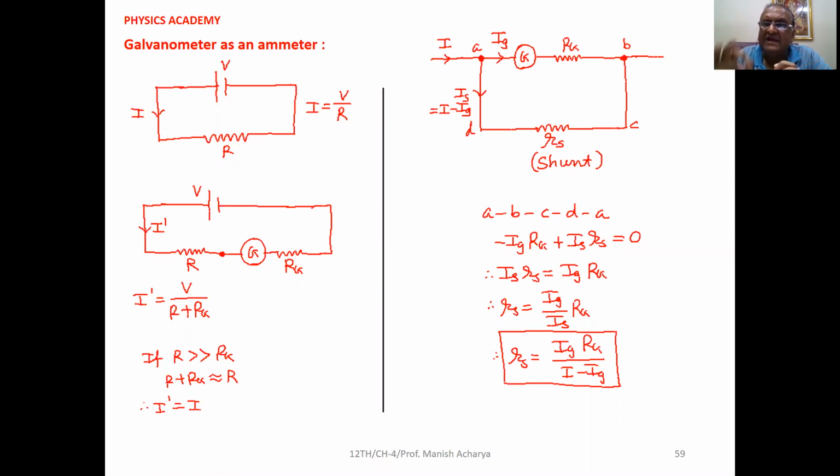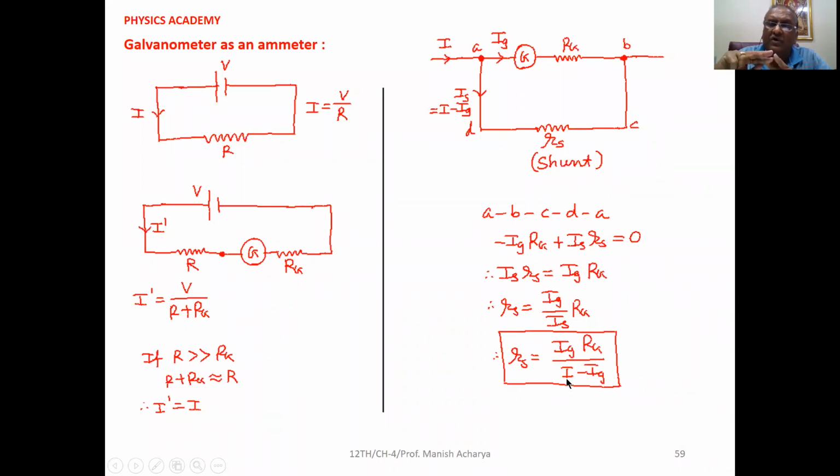See how one can use this equation. Suppose a galvanometer is given to you. For that given galvanometer, suppose its current capacity is 1 milliampere. Then its own resistance is suppose 25 ohm. So here substitute Ig as 1 milliampere, means 10 raised to minus 3 ampere, Rg 25 ohm.